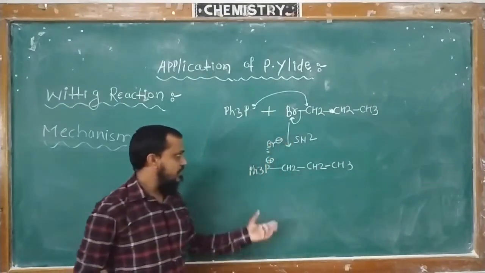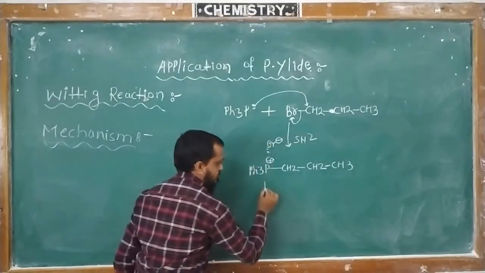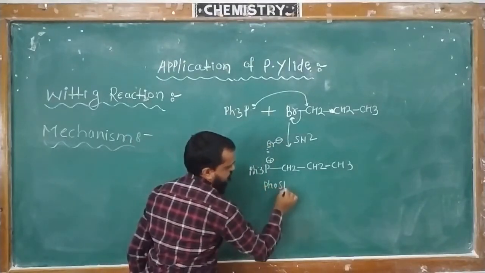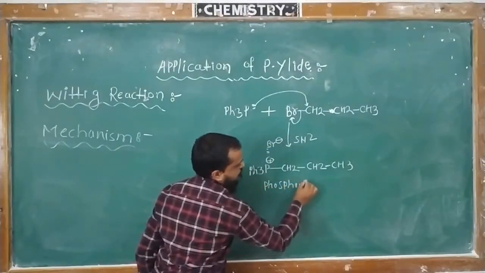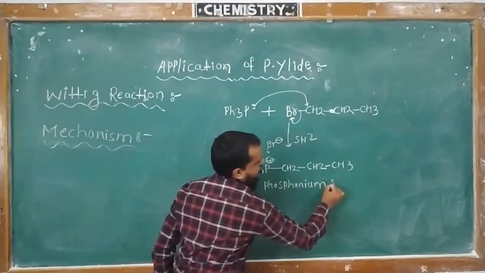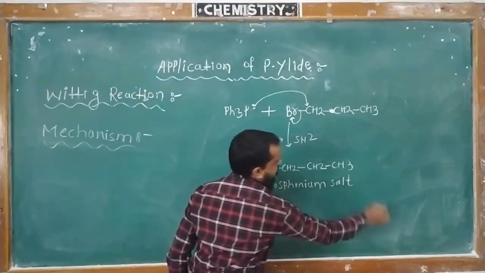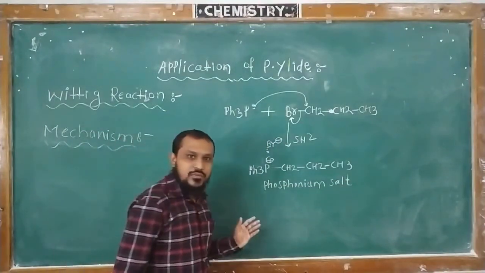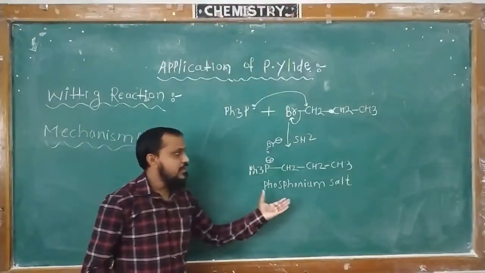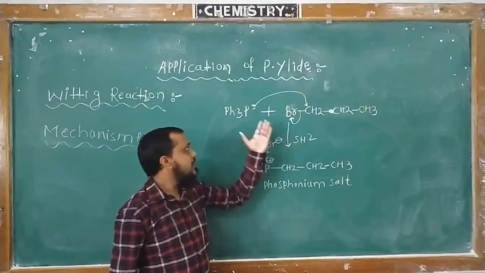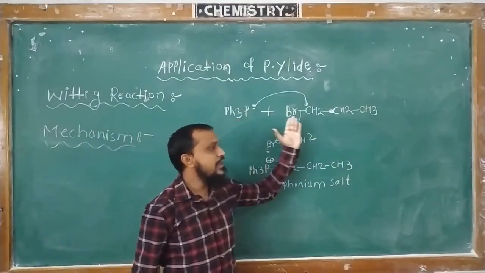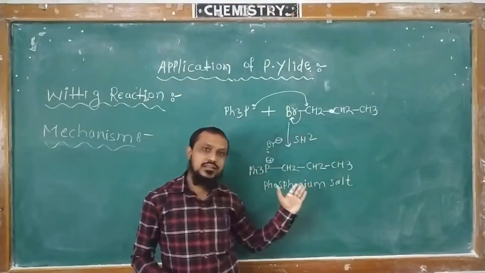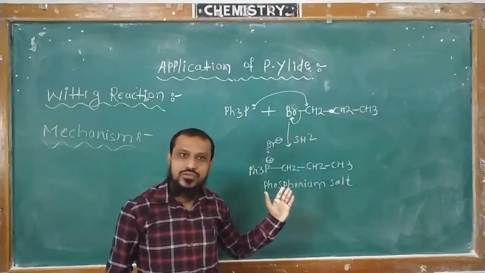So this is the phosphonium salt. In the mechanism of the Wittig reaction, we first prepare the phosphonium salt by the reaction of triphenylphosphine and alkyl halide. This reaction is SN2 type.